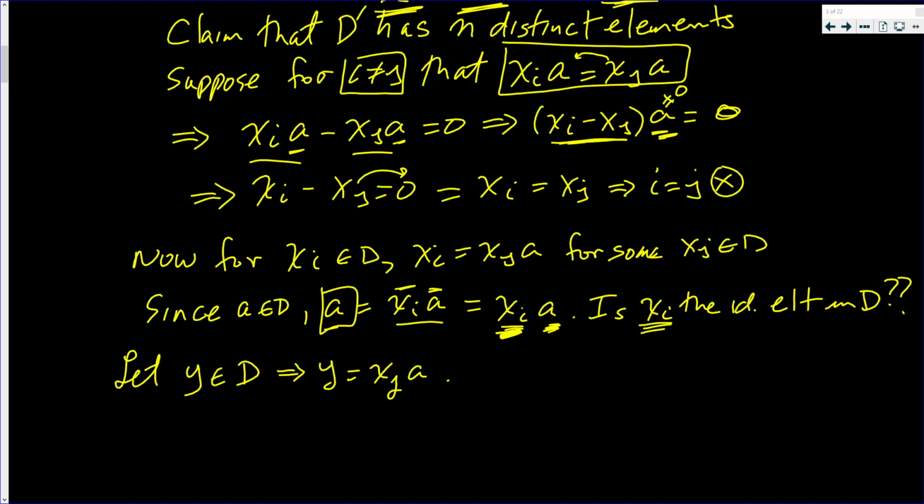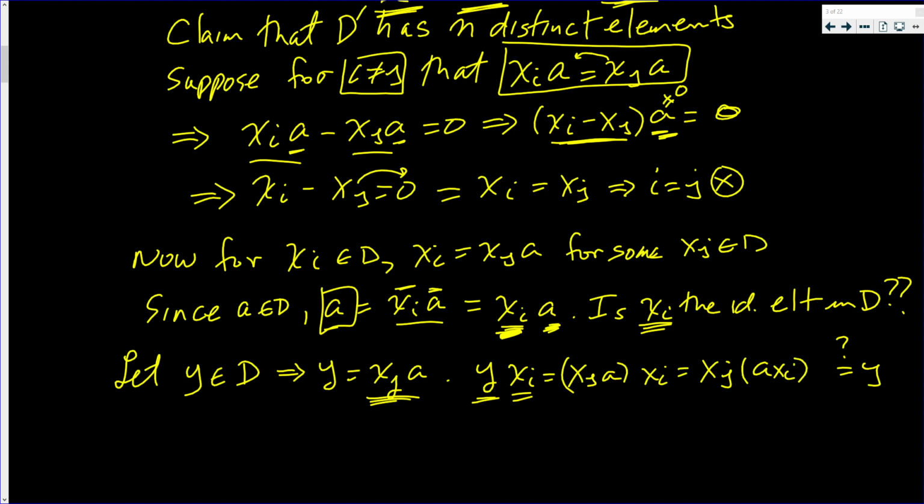Let's take y and multiply it by xi, and let's see if we get back y. Well, y is the same as this. So y times xi is xja times xi. Using the associative law, this is xj times axi.